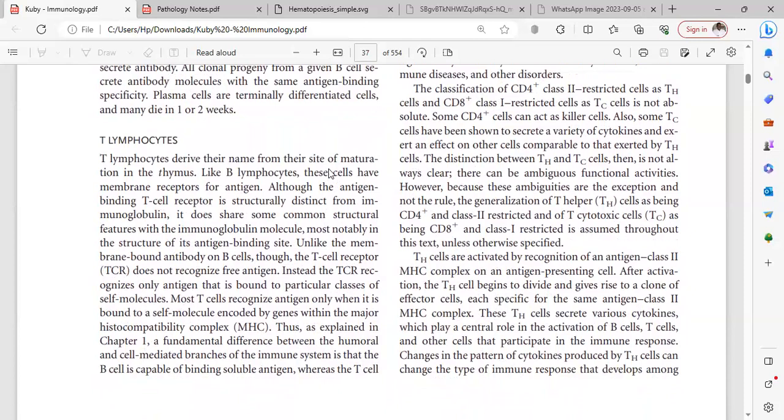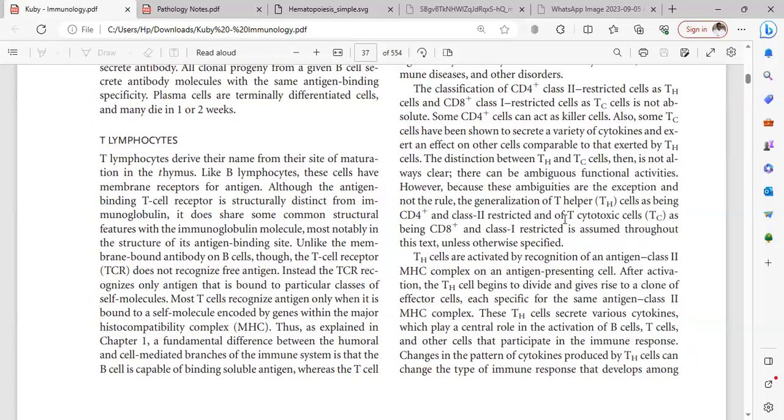The T lymphocytes also help B cells to produce antibodies. So T lymphocytes have different categories. We have the T helper cells, and we have the cytotoxic T cells here.